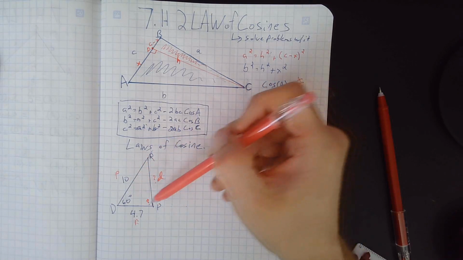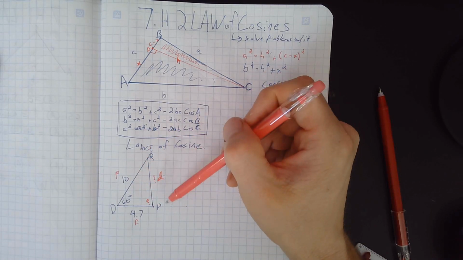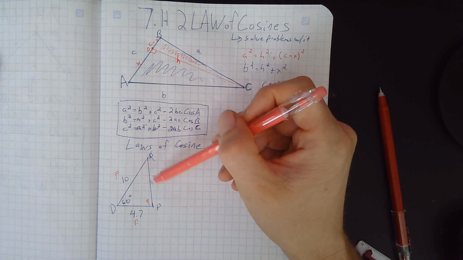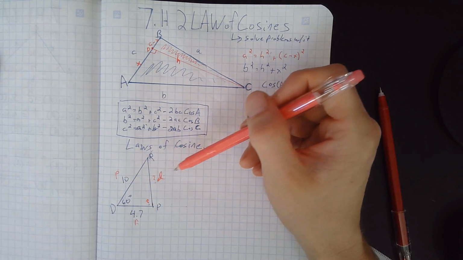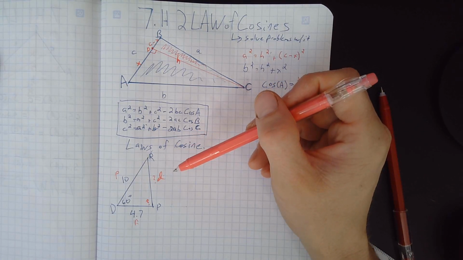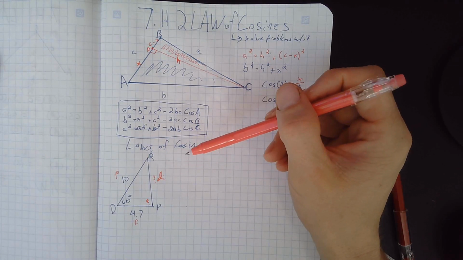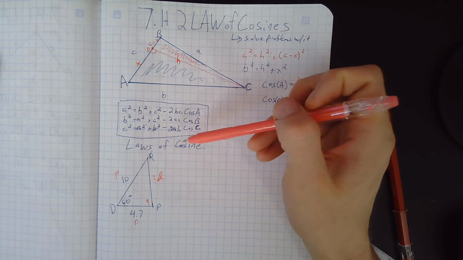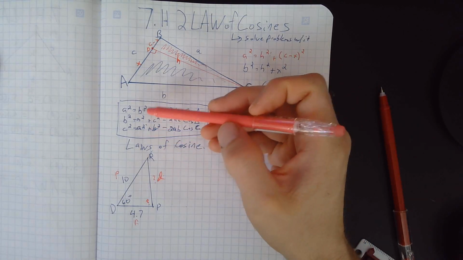All right, so now I can figure out what I need to. I have two of the three lengths, and I'm going to use the law of cosines to figure out the D here.